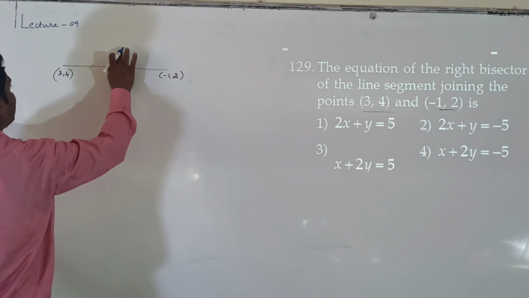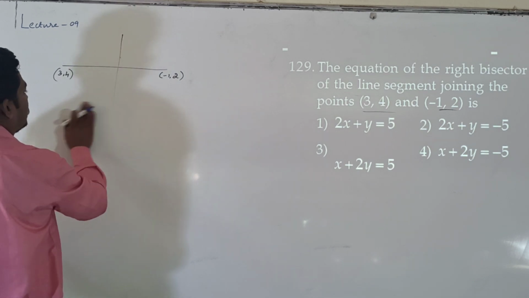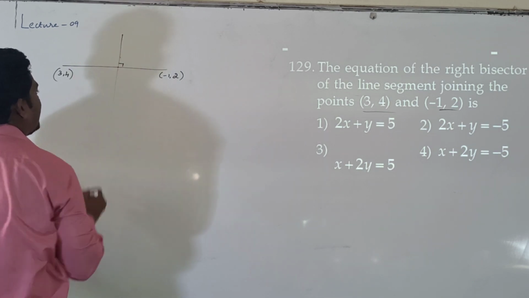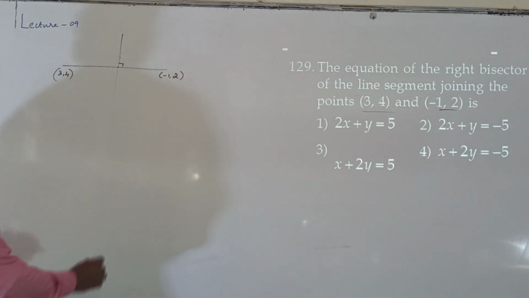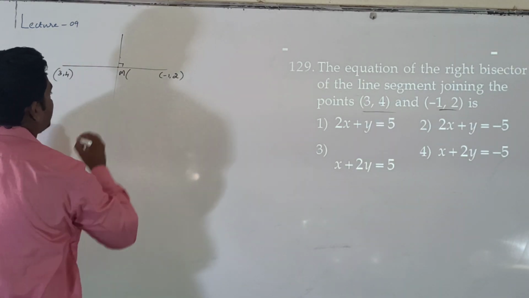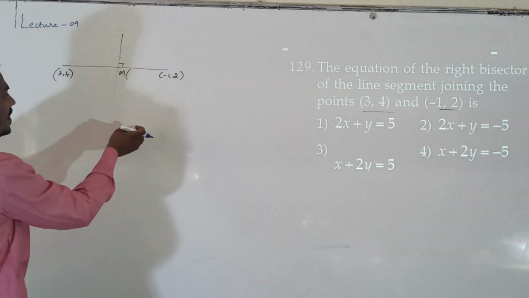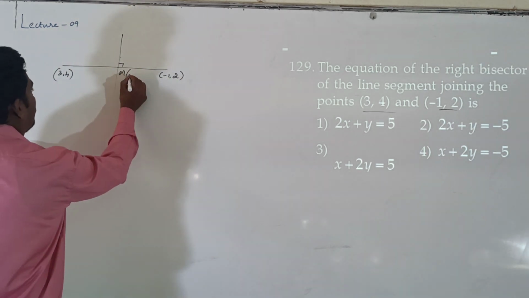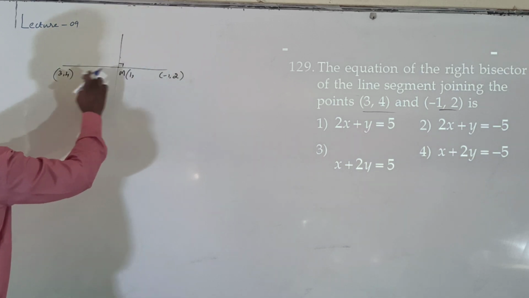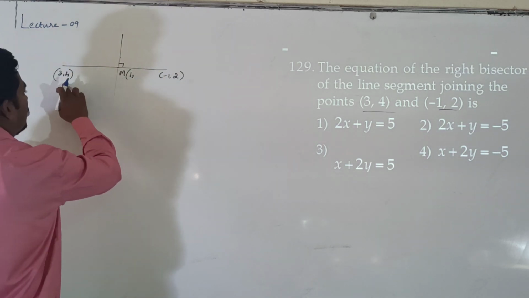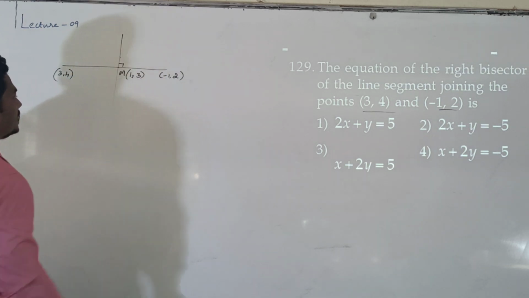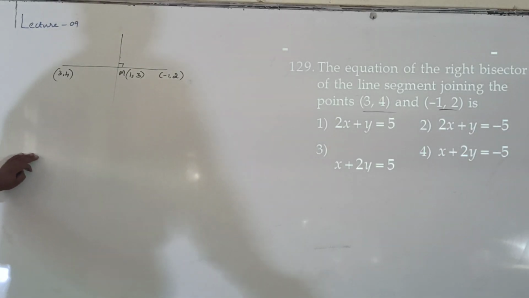Our required line is the right bisector. Right means perpendicular bisector. Tell me what are the coordinates of this point. Clearly M is the midpoint of these 2 points. Why? Because right bisector means x1 plus x2 divided by 2, y1 plus y2 divided by 2, that is 4 plus 2 is 6 divided by 2 is 3.